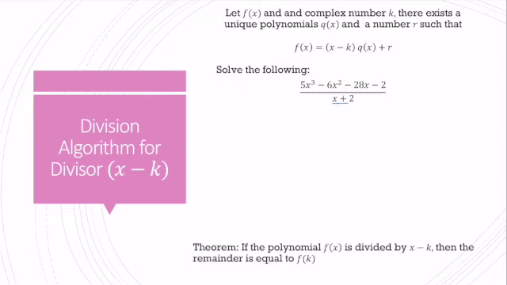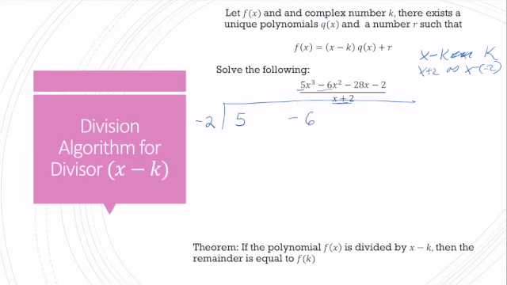All right, another example. Remember, our denominator needs to look like x minus k. So I'm going to rewrite x plus 2 as x minus -2. So that means my k is -2. I'm going to have -2. And then my coefficients of 5, -6, -28, and 2.